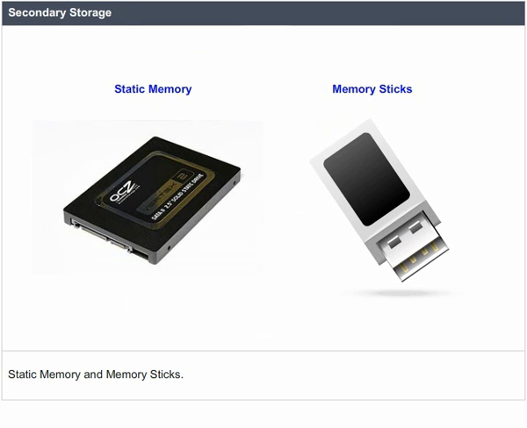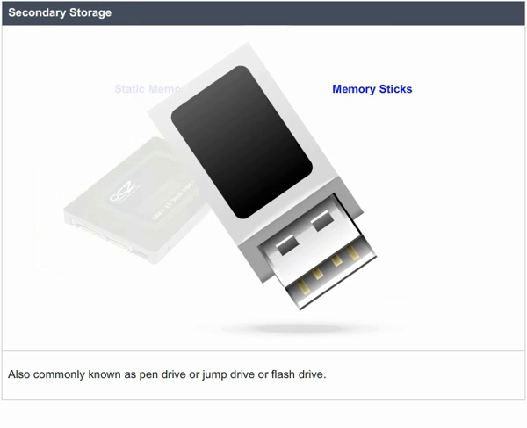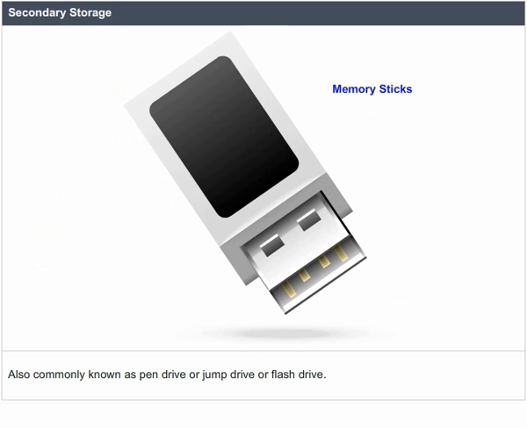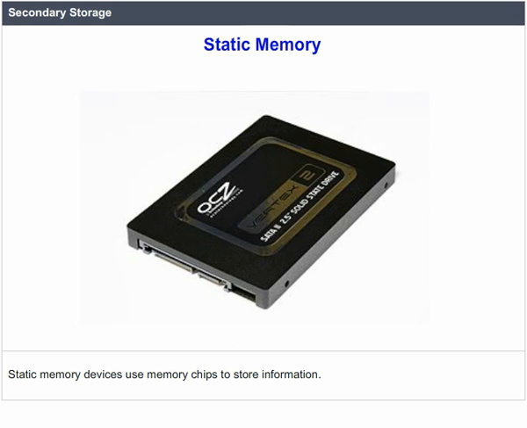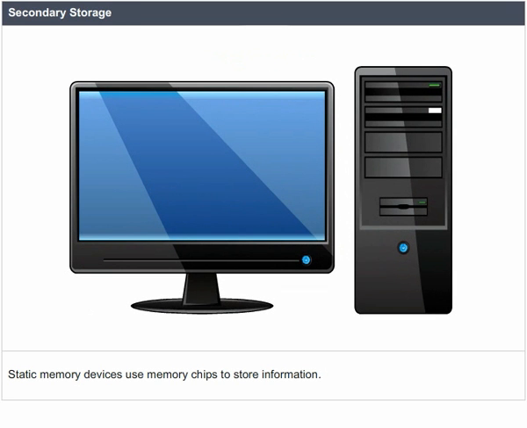Static memory and memory sticks, also commonly known as pen drive, jump drive, or flash drive. Static memory devices use memory chips to store information. This information is retained even when power is turned off. They connect to a USB port on the computer system and offer capacities of 128 MB or more.